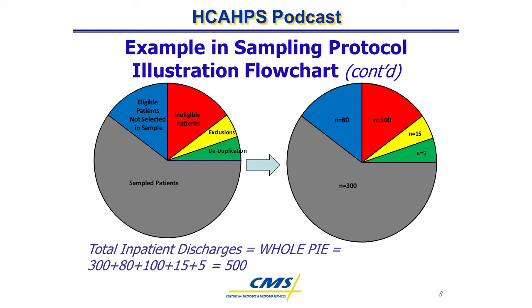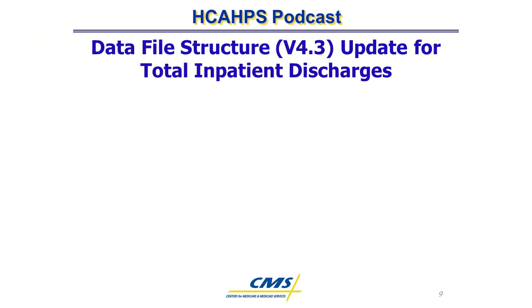Hospital X had 100 ineligible patients, shown in red. Exclusions and deduplications are also shown in yellow and green respectively. Notice the counts for these slices add up to 500, which represents the value of the new submission variable, total inpatient discharges.